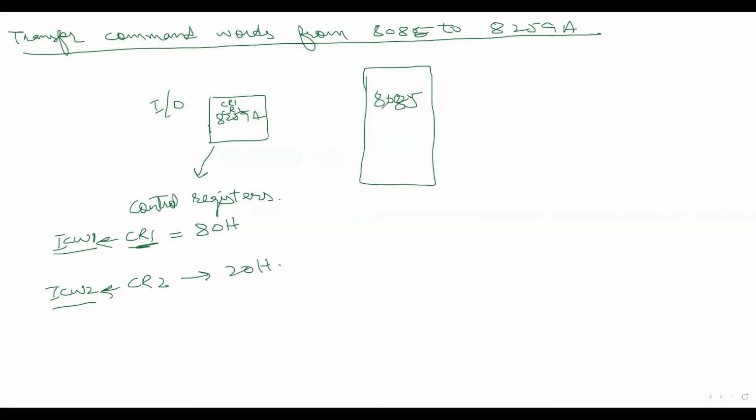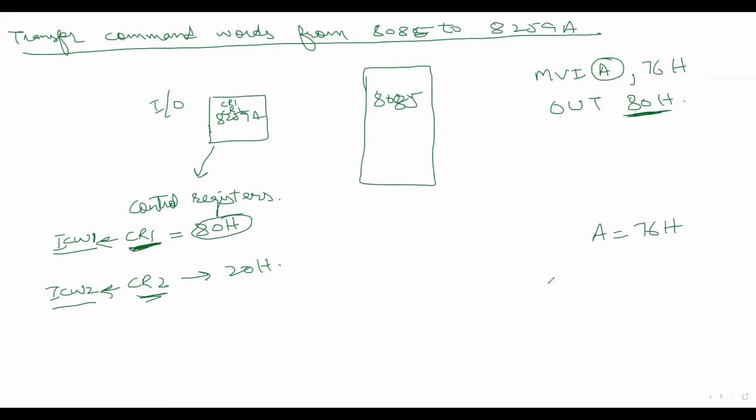So how can I transfer data from 8085 into these registers? Let's suppose I do MVI A, 76H, then OUT 80H. It will take the data in A, which is 76H, and output it to port 80H, the address of CR1.